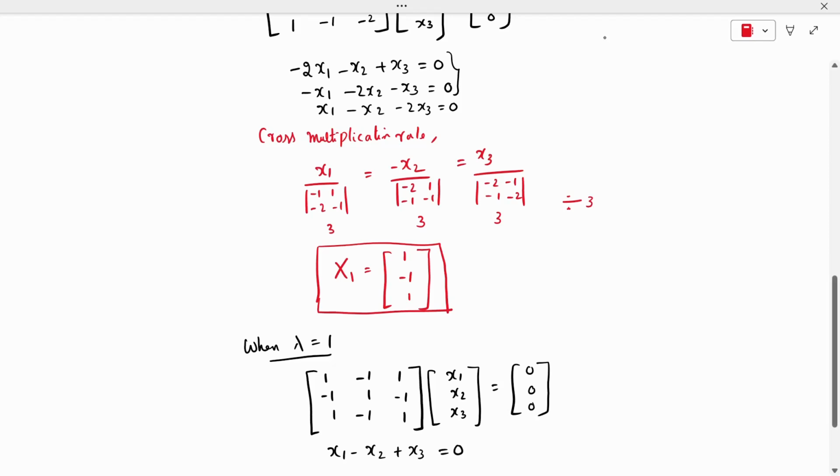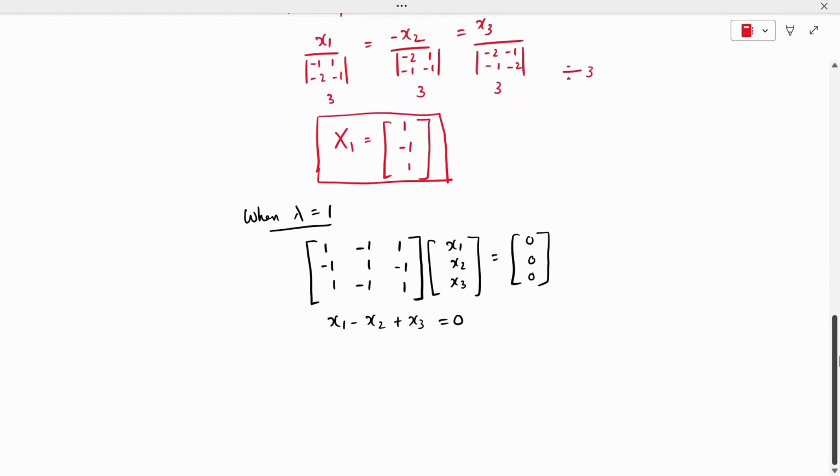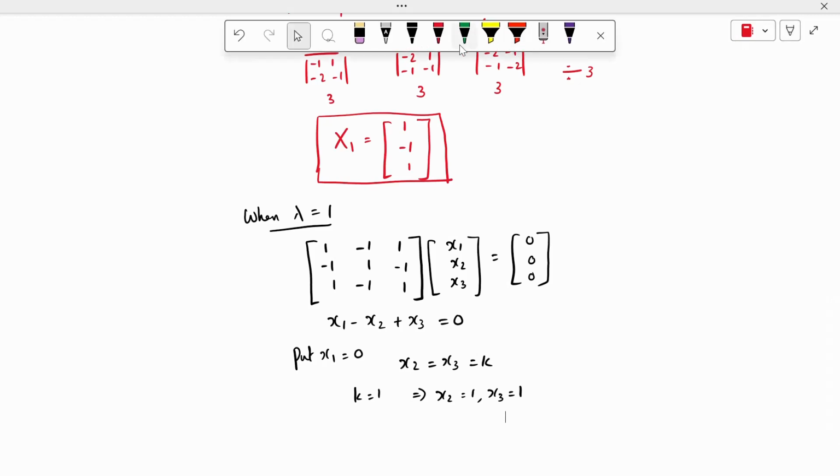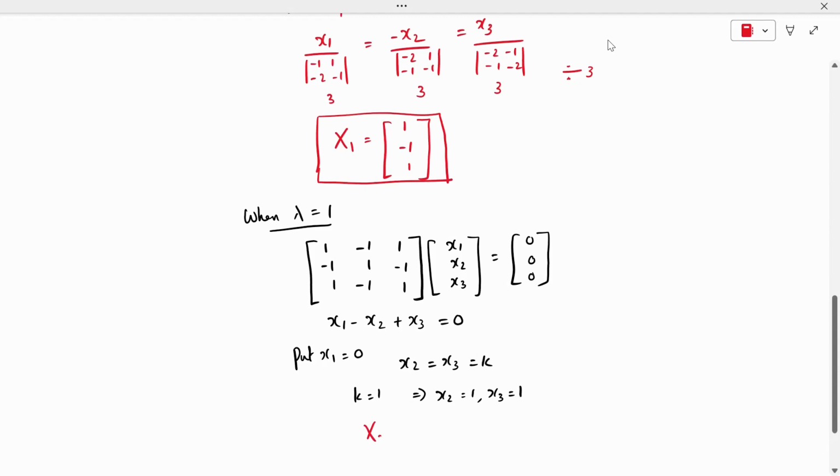Only one equation, because all three are the same; writing so many is not necessary. Now put any one variable equal to 0. With x1 equal to 0, x2 equals x3, which is k. For k equal to 1, x2 equals 1 and x3 equals 1. So my second vector is 0, 1, 1.